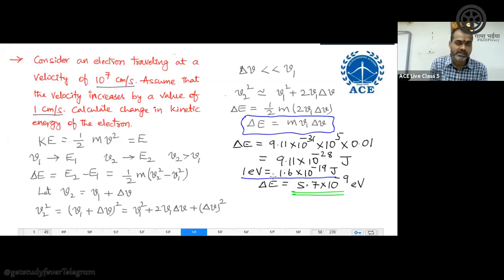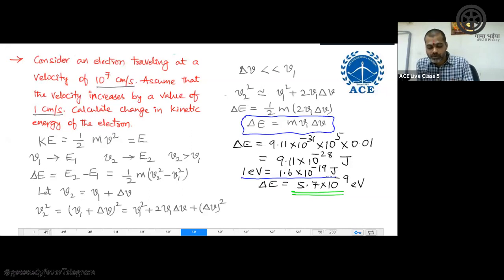But in this case, for only 1 centimeter per second variation, you can see very clearly there is a large variation in the energy. Compared to what? That is important here. Please concentrate. Compared to 1 electron volt. The reference I am taking here is 1 electron volt, 1.6 into 10 power minus 19 joules, because this is the electron energy that we represent in the energy band diagram.